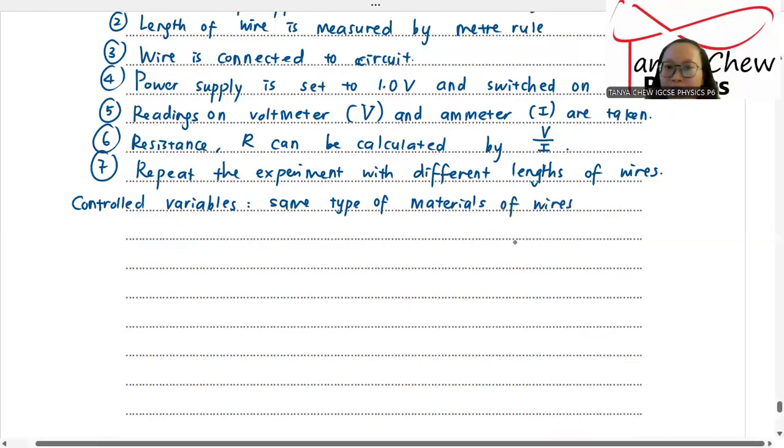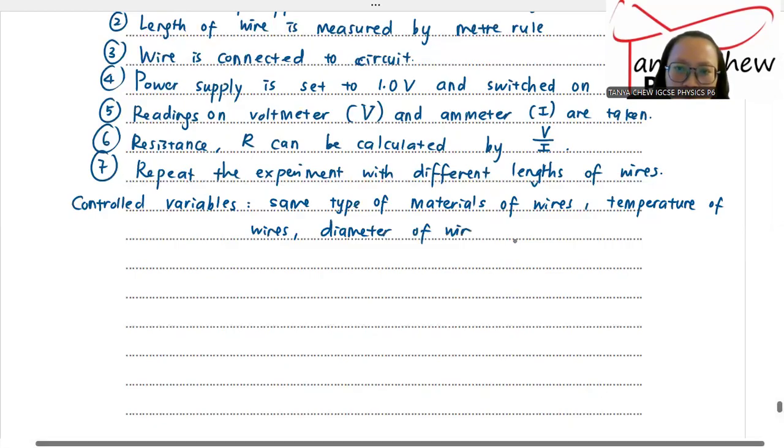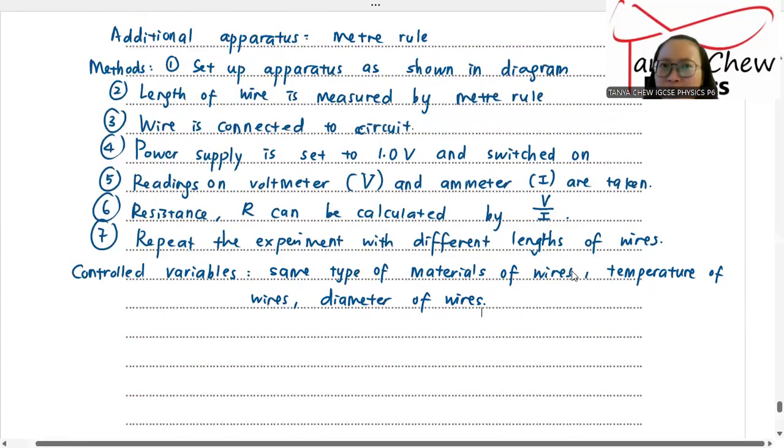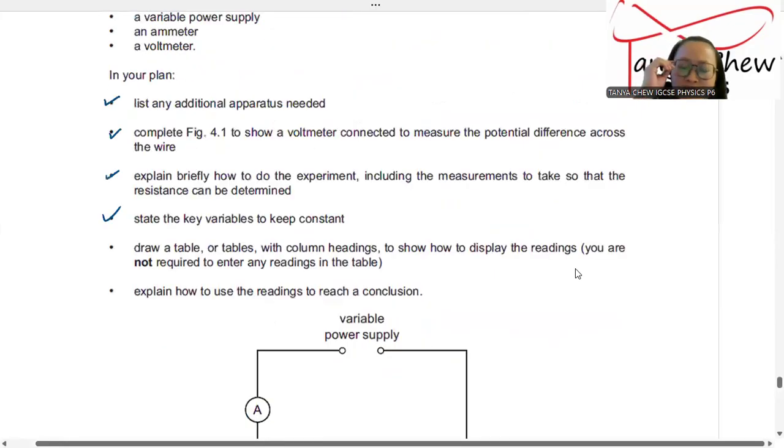If I use copper wire, all the wires must be copper wire. And maybe temperature of the wire, and maybe the diameter of the wire. You see that? So as long as you write more than 2, right, you are safe.